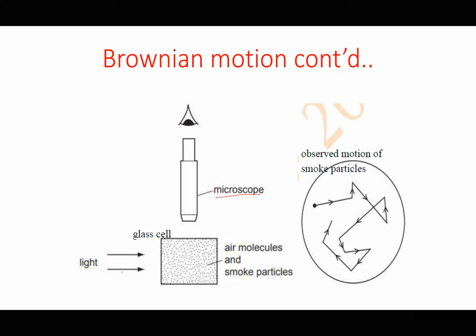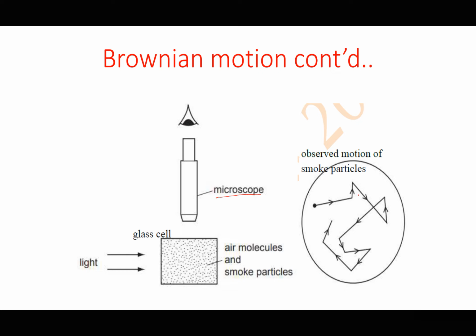So there should be illumination on the glass cell so that the smoke particles can be made visible. Observation using the microscope will show that one particular particle X will keep moving in that zigzag fashion, as you can see.